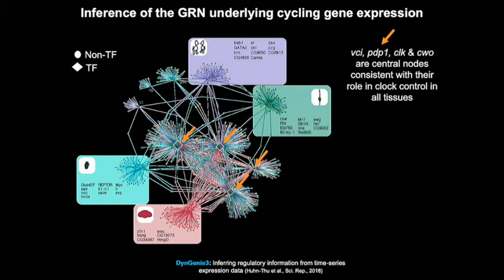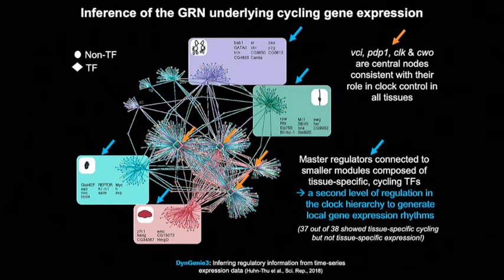If you look at the central nodes, these are the nodes that we would expect, because these are all regulators that we know have a clear central role in mediating circadian gene expression. But to us, what is more interesting are these submodules here, in which the circadian master regulators are connected to smaller modules composed of these tissue-specific cycling transcription factors.